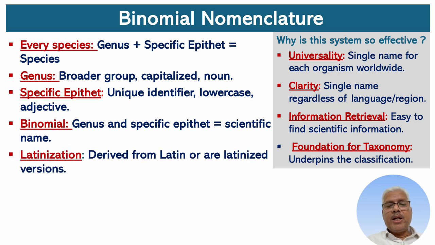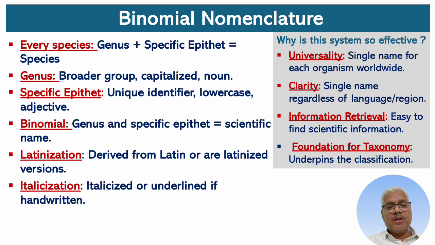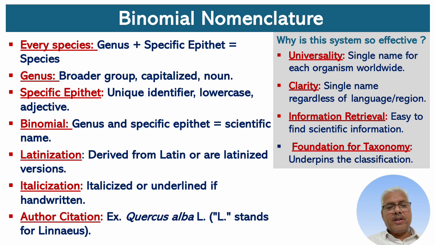Scientific names are usually derived from Latin or Latinized versions of words from other languages. This helps to give names which are universal, as Latin was historically the language of science. Scientific names are always italicized, or underlined if handwritten.